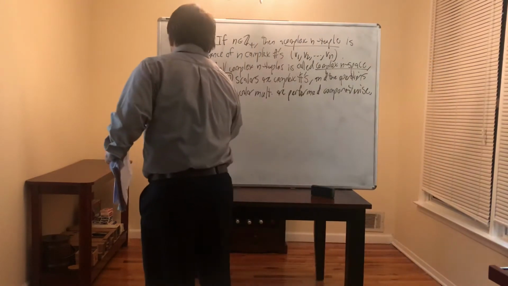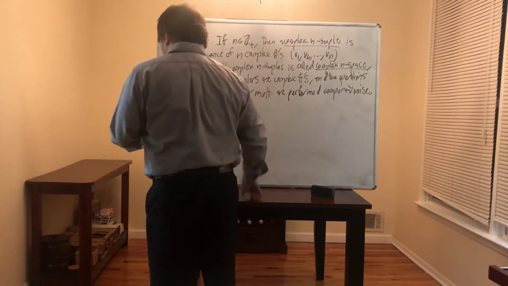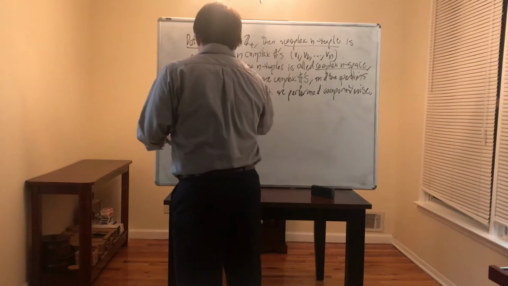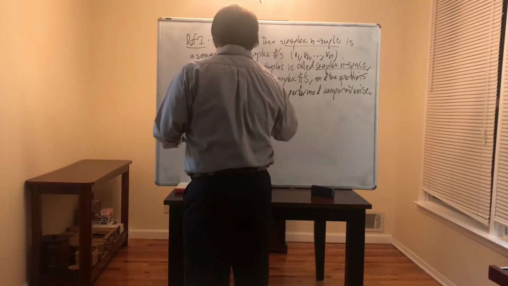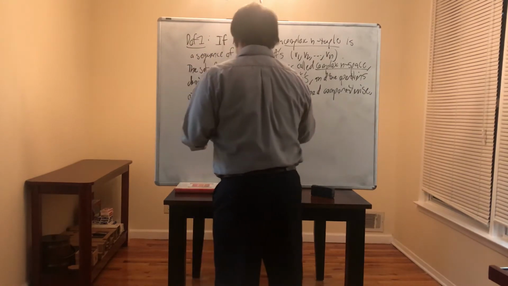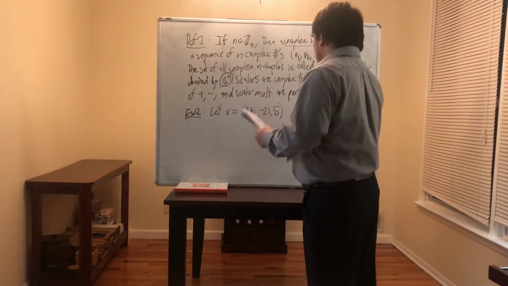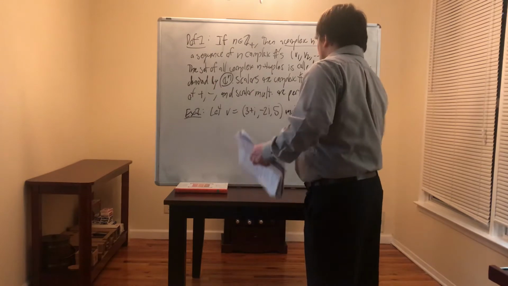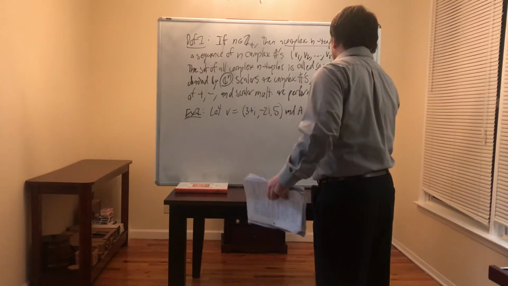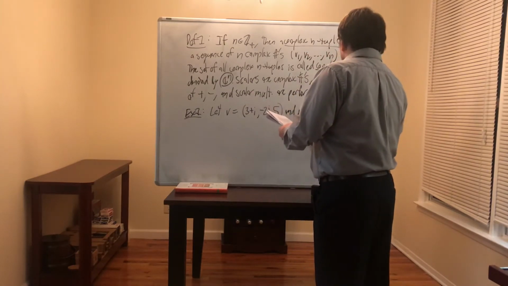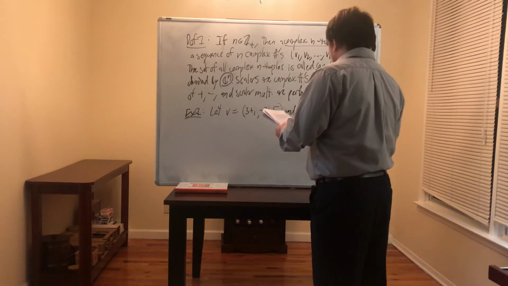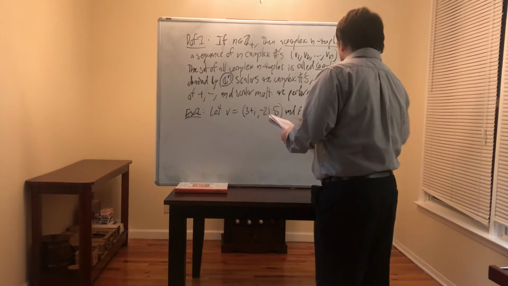So now example 1. Let v equal 3 plus i, comma, negative 2i, comma 5, and A is equal to 1 plus i, negative i, 4, 6 minus 2i.